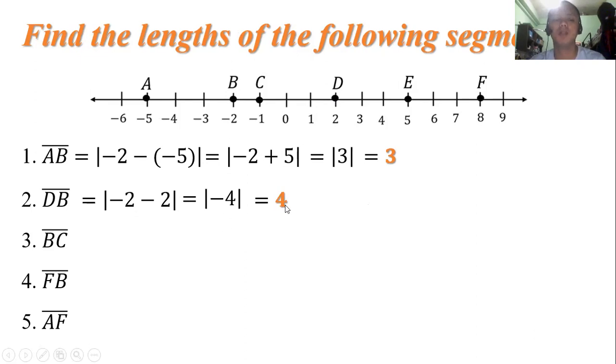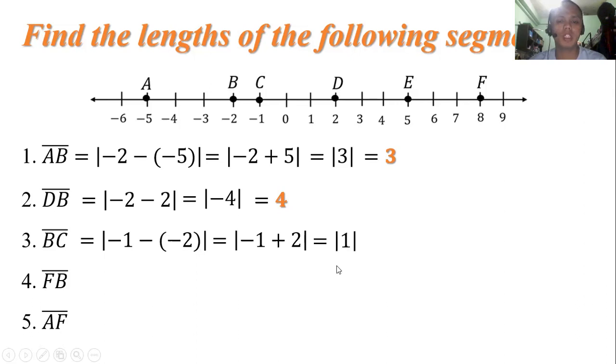Okay, next, BC. From B to C. So here, inuna ko si C. Negative 1 minus yung coordinate ni point B, which is negative 2. Negative 1 minus negative 2 or negative 1 plus 2, that is 1. And then absolute value of 1 is 1.